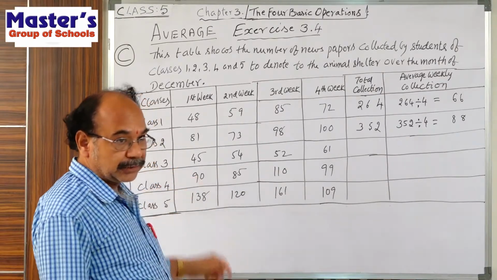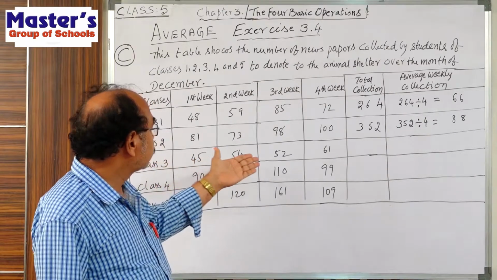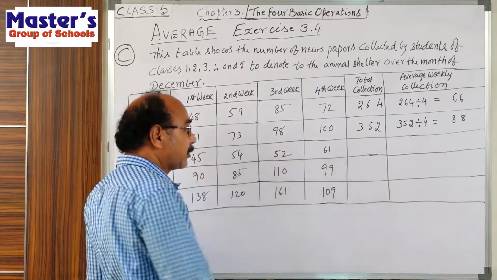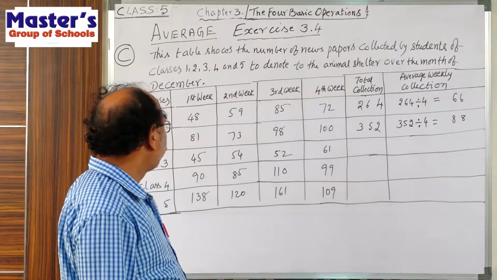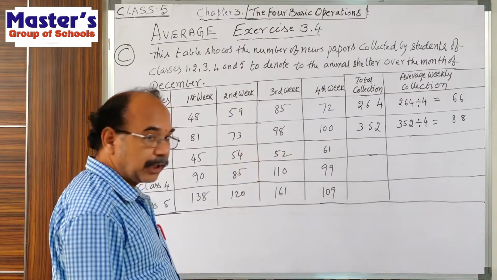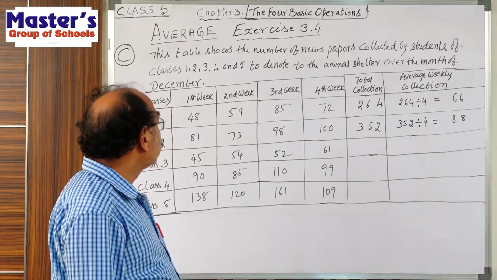Now come to third class. Third class students, first week collection, second week collection, third week collection, fourth week collection. Average, you have to find. First of all, total collection of third class, total collection of the newspapers.